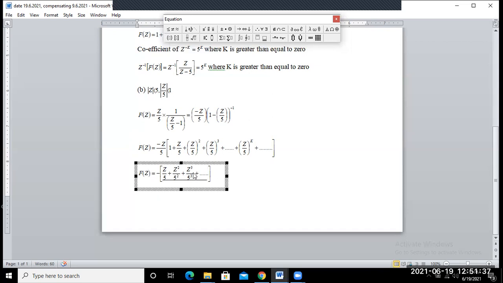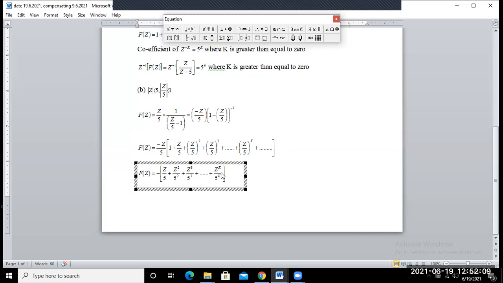So z to the power k divided by 5 to the power k, plus z to the power k plus 1 divided by 5 to the power k plus 1.